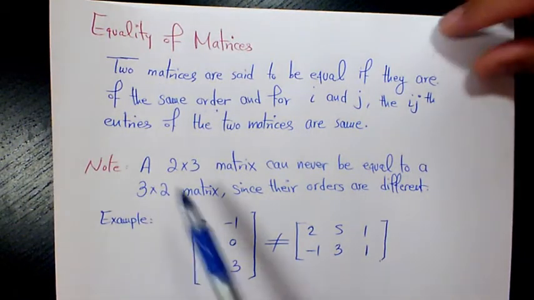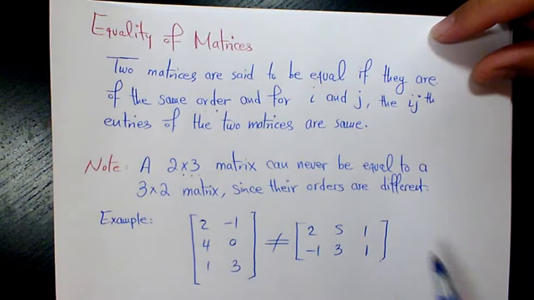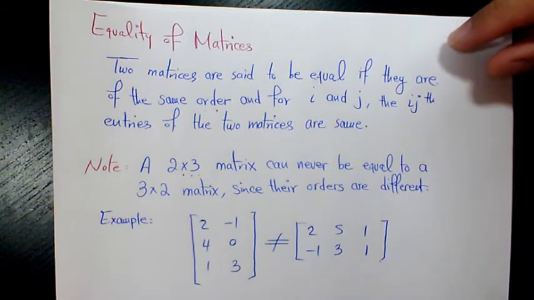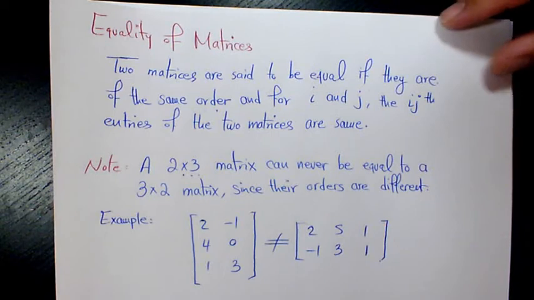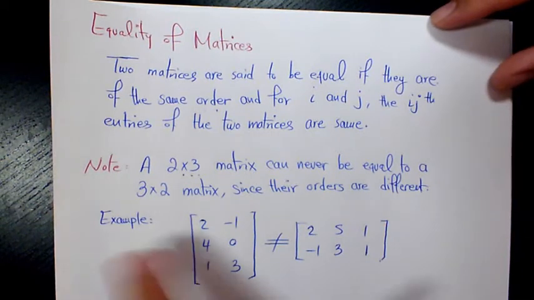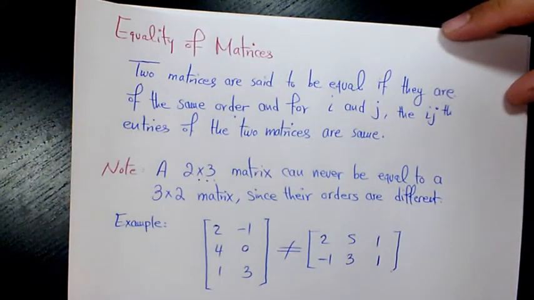It says a 2 by 3 matrix can never be equal to a 3 by 2 matrix since their orders are different. For example, the order of the matrix on the left hand side is 3 by 2, and on the right hand side it is 2 by 3.